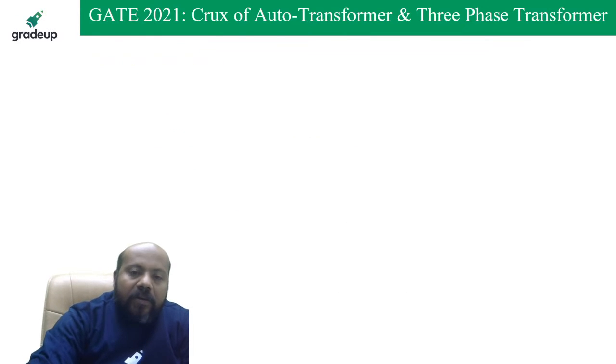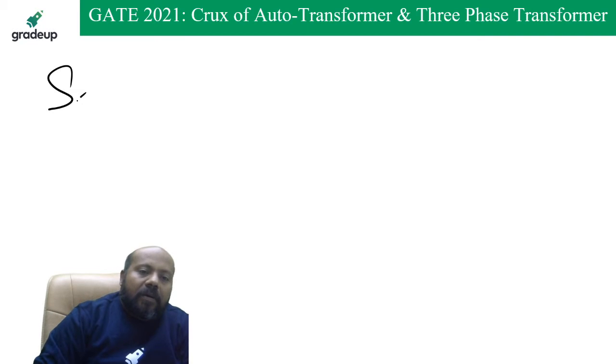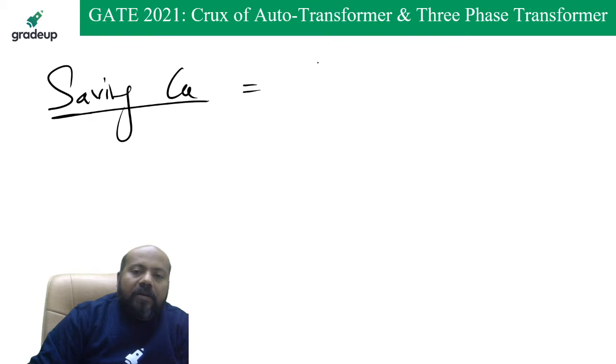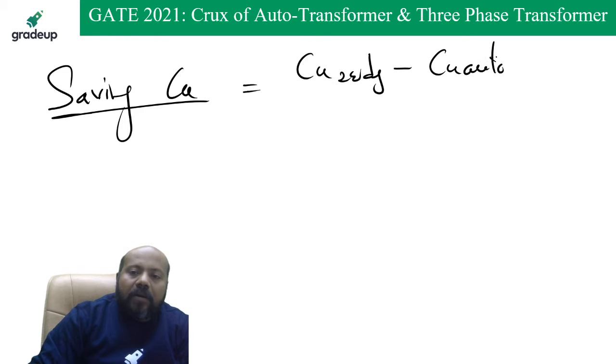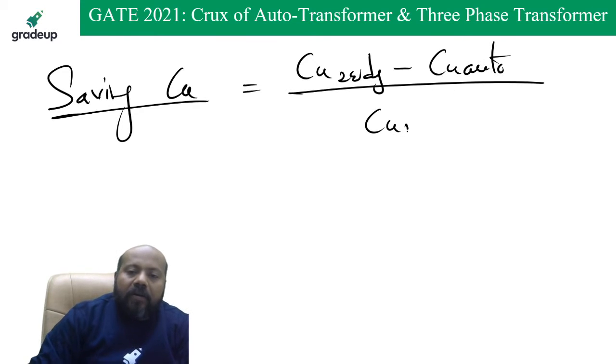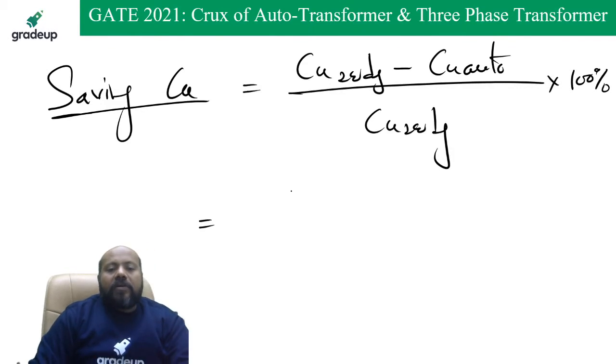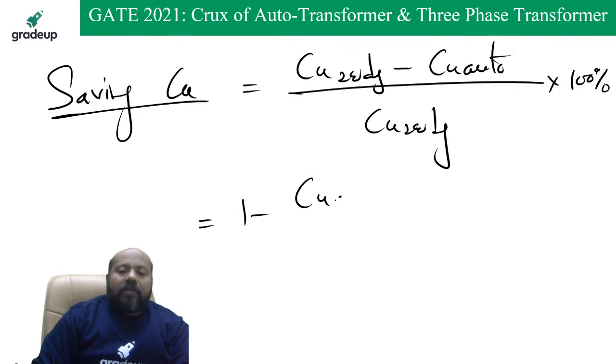Now if I want to know the saving in the copper material, then the copper saving is copper for the two winding transformer minus copper for the auto transformer, divided by copper for the two winding transformer, multiplied by 100, and you will get the percentage of saving. This is going to be 1 minus copper for the auto transformer divided by copper for the two winding transformer.